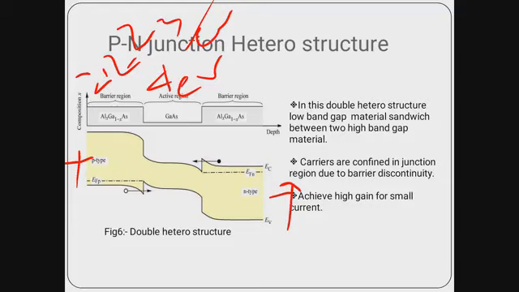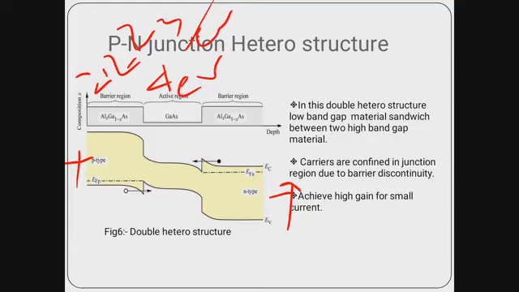How does discontinuity help? In confined carriers, discontinuity of barriers helps build a very large current density even if we pass a small current I through the device. So by passing a small current you can get a very large current density.